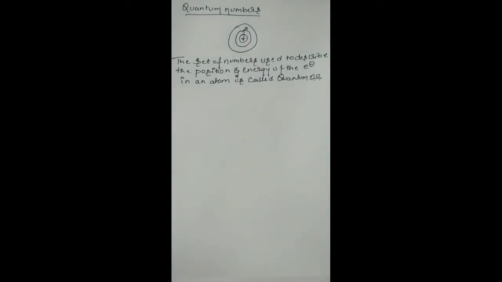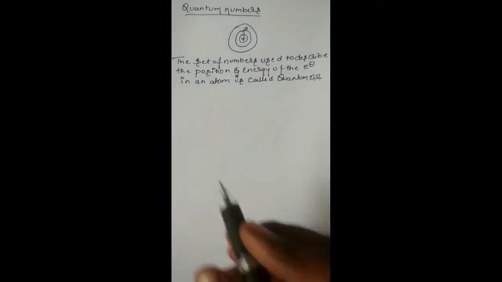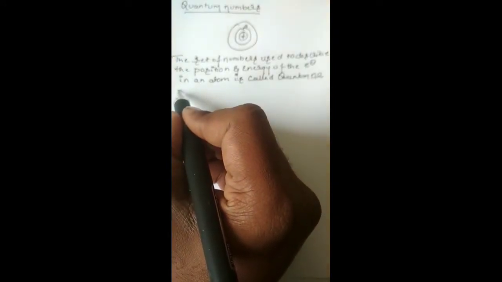Okay, there are four types of quantum numbers. Mainly there are four types.